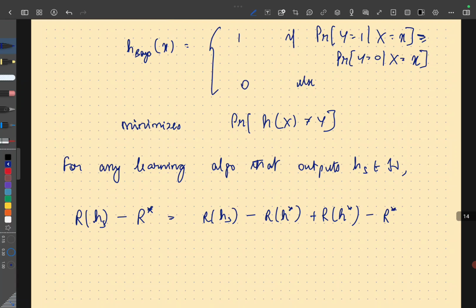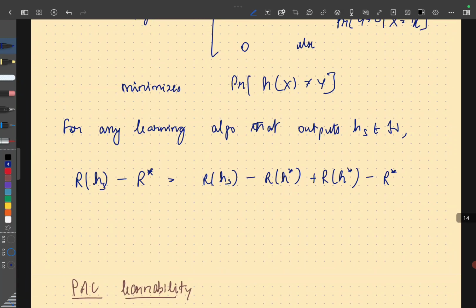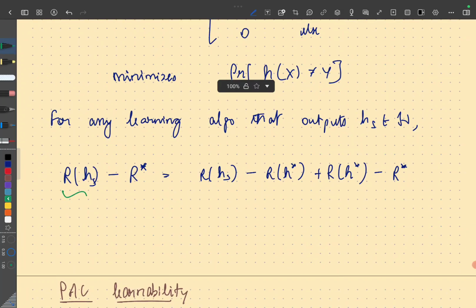So this excess risk on the left, compared to the optimal risk that can possibly be achieved, can be decomposed as a sum of two terms.